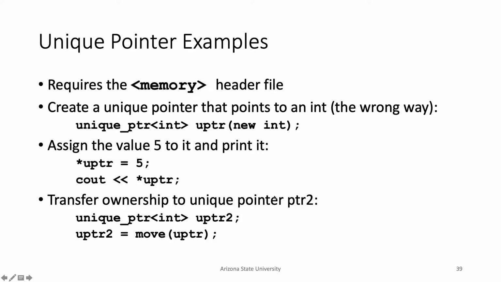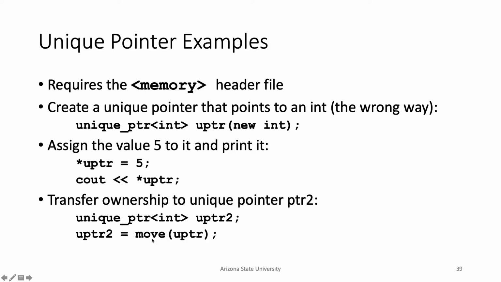And as I said, we can't share ownership of a unique pointer. So if we want to change ownership from one object to another, we have this special function called move. I'll talk about move in a later lecture at some point. But you can think of move as moving the ownership of uputter to the other unique pointer.